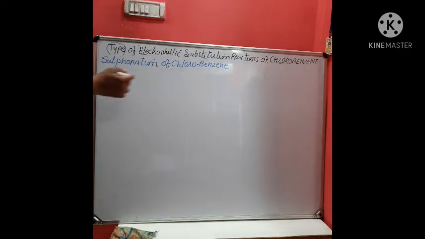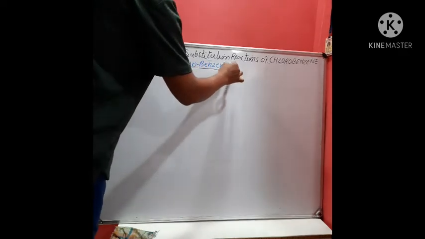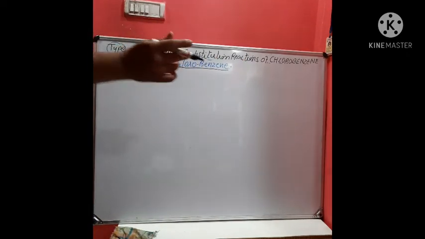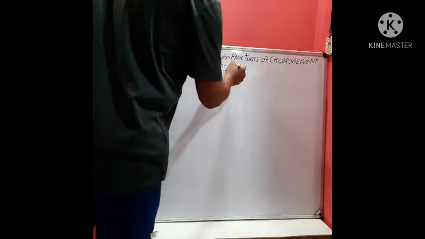Yes, student, the next type of electrophilic substitution reaction is sulphonation of chlorobenzene. So similarly, again we have to write the chemical reaction for this sulphonation process.